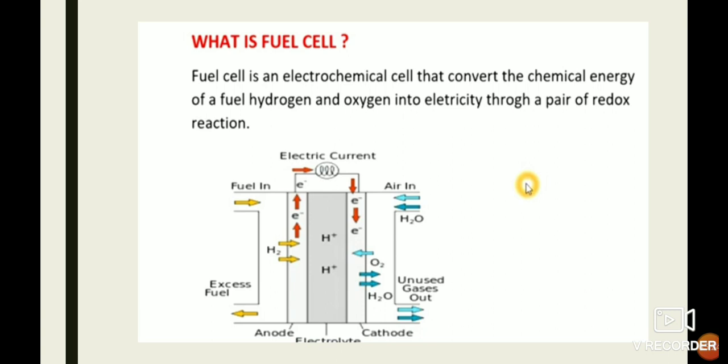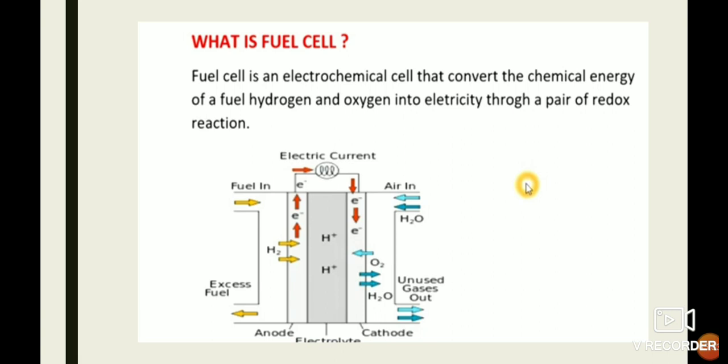The first fuel cell was discovered by William Grove in 1838 to 39. A fuel cell is a galvanic cell. Then types of fuel cell. First, the hydrogen oxygen fuel cell was discovered by Francis Thomas Bacon in 1932.